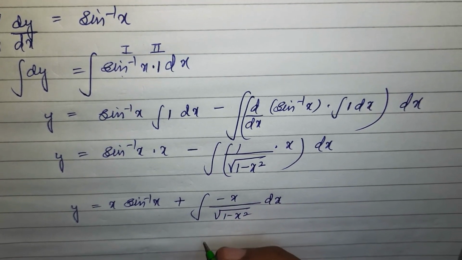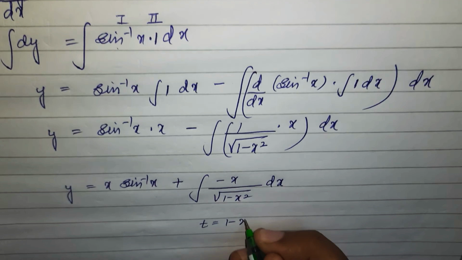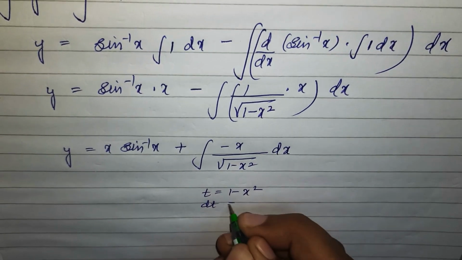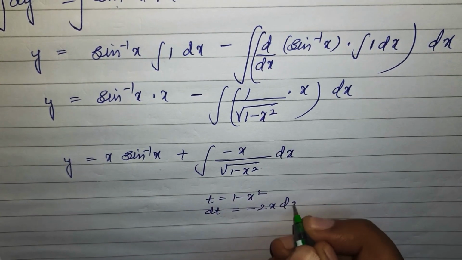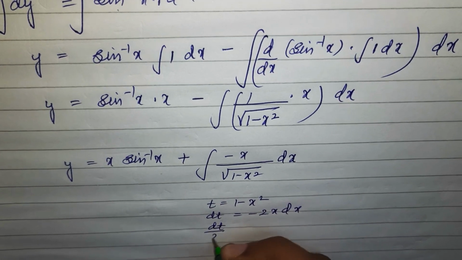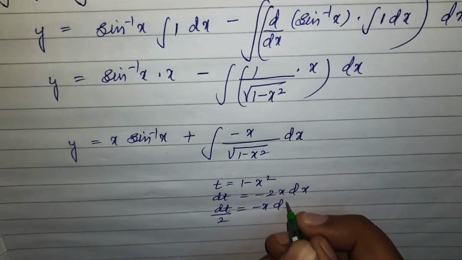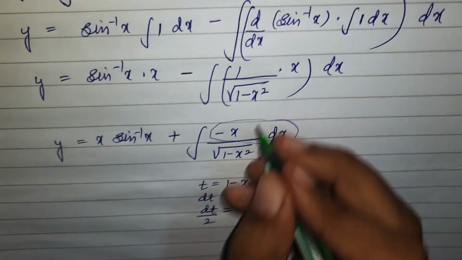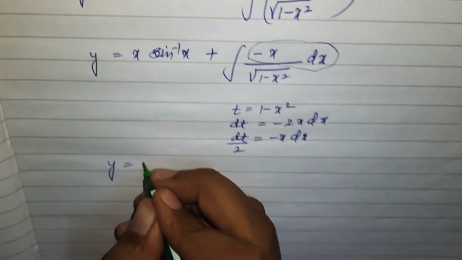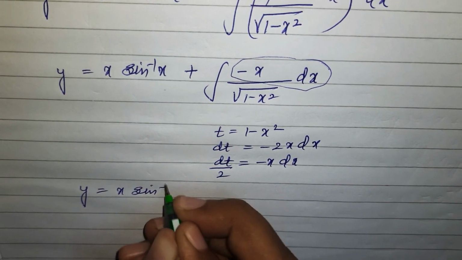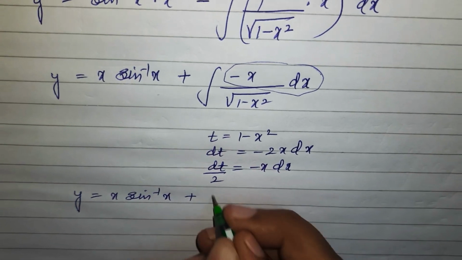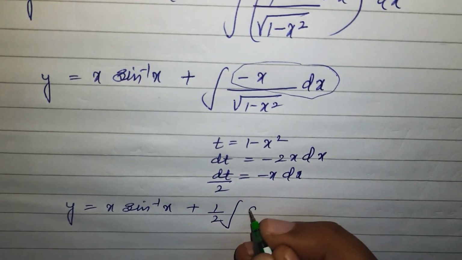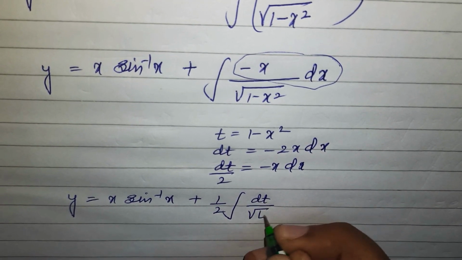Now if I take t as 1 minus x square, dt is minus 2x dx. So I am getting dt by 2 for minus x dx. So this term will become dt by 2, and this will become 1 by 2 dt upon root t.